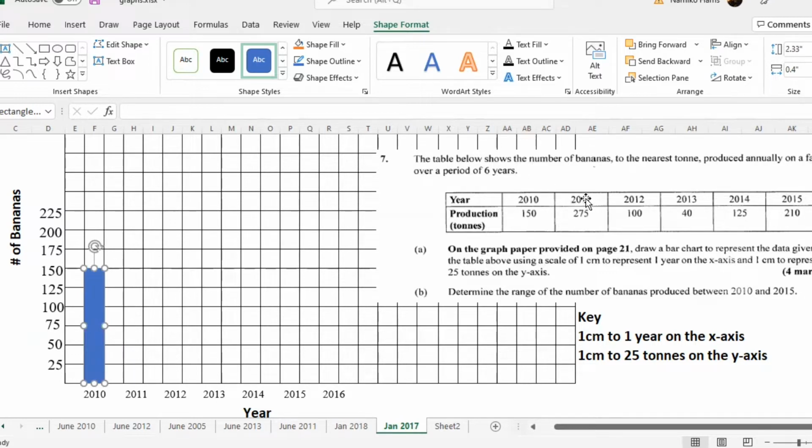Then we go to our second year, which is 2011 to 275. So we're coming over now to 2011, and the height of that is 275. So this is 225, this is 250, so this is 275.